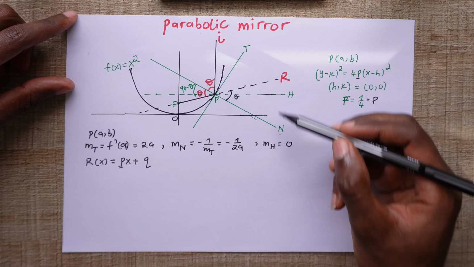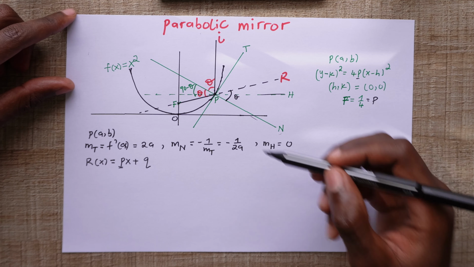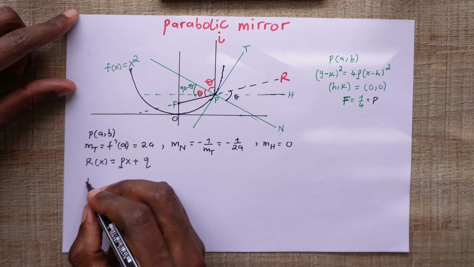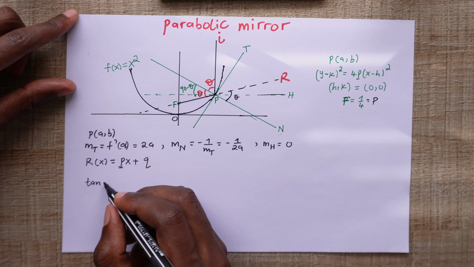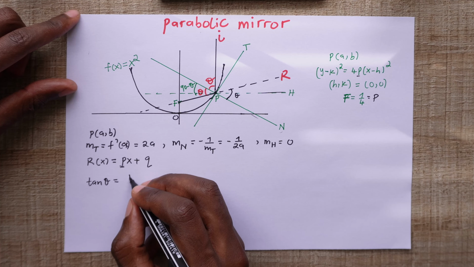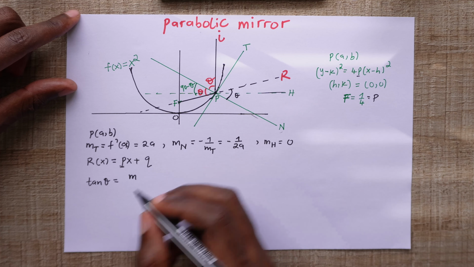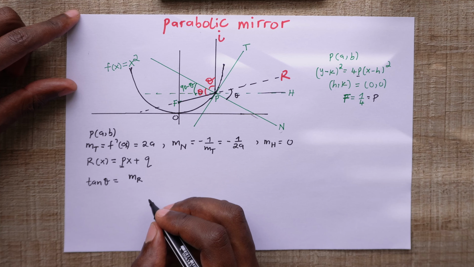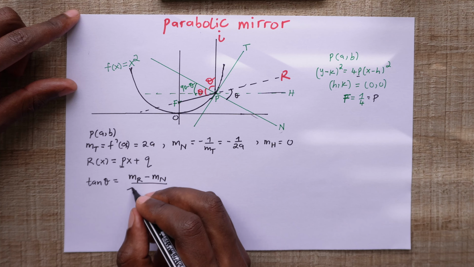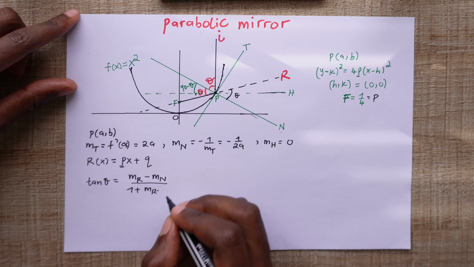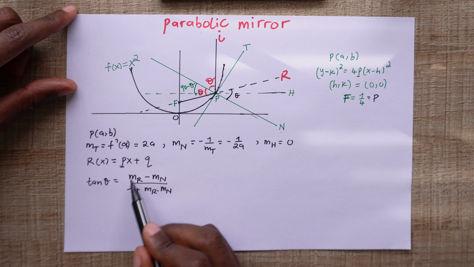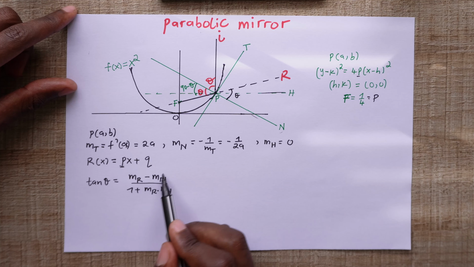So knowing the angle between these two lines, we can establish a relationship between their slopes. So tan of theta is just going to be the difference between the slopes: m of r minus m of n, divided by 1 plus m of r times m of n. This formula is just the tangent of the angle between two lines as a function of their slopes.